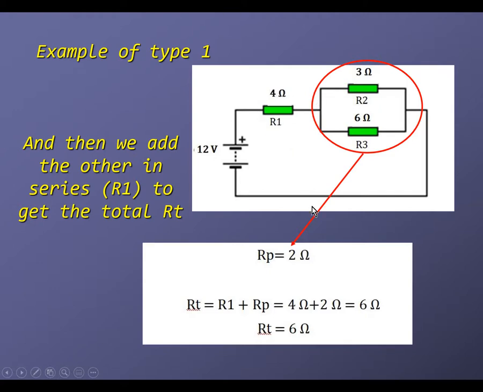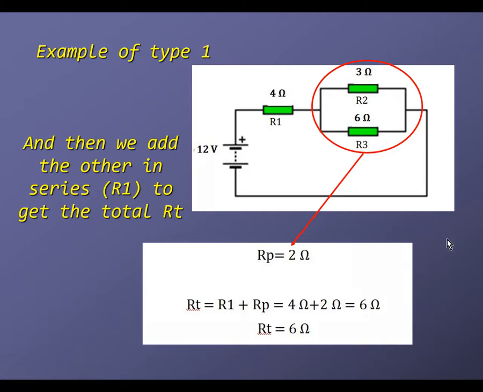So this is a very easy step. The parallel equivalent resistance is 2 ohms. This resistance is 4 ohms. So we only had to add the two values to get the final total resistance, which is 6 ohms. So all these three resistances all together are the same as having just one resistance of 6 ohms.